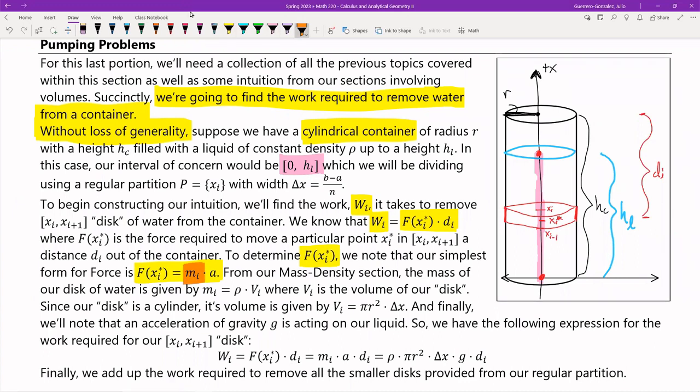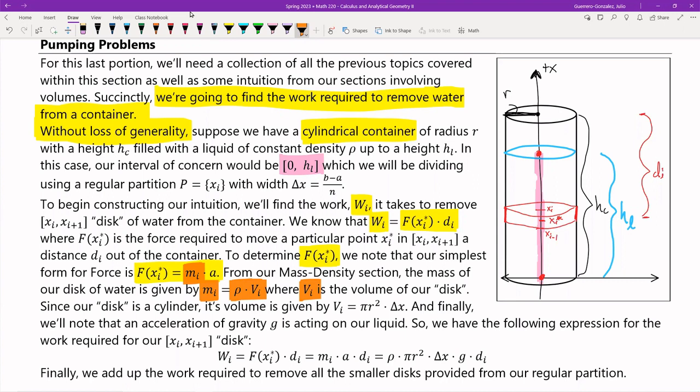From our mass portion, we know that our mass is some density times V sub i, where V sub i is the volume of one of our disks. We're assuming here that our density is constant across my liquid, so the only thing that's changing is my volume.